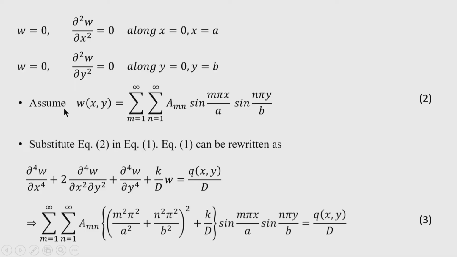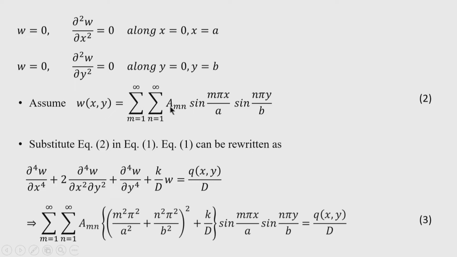Now, according to Navier, we assume a double trigonometric series, because this series satisfies the differential equation and boundary conditions fully. Depending on the value of A m n, the correct value of W or the deflection surface can be obtained.